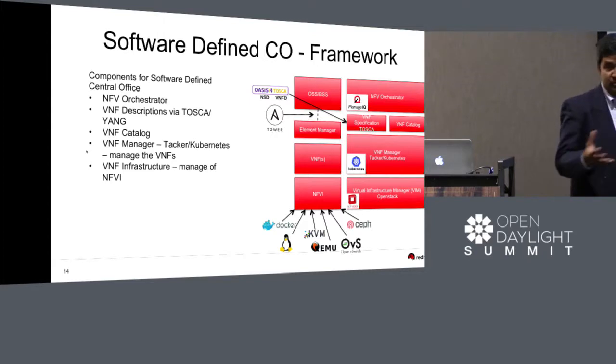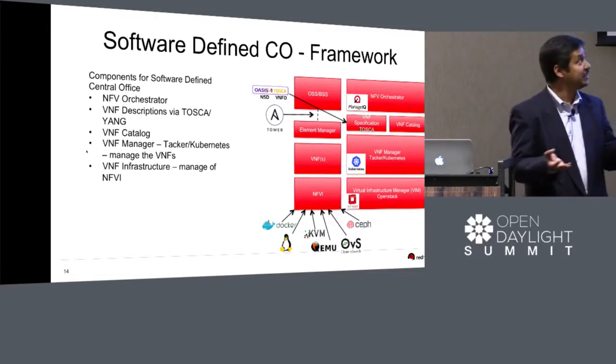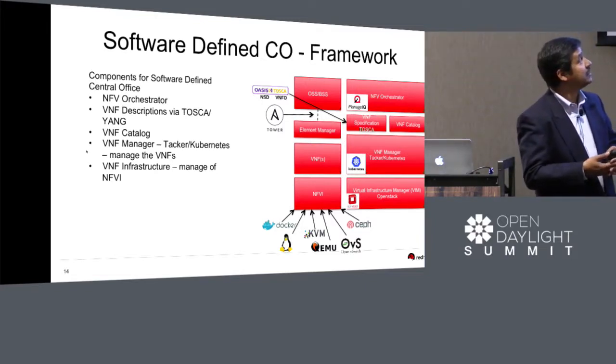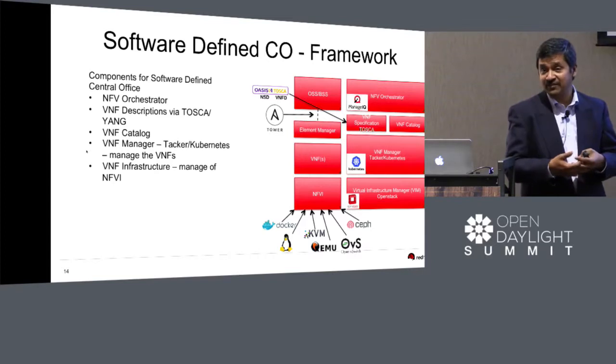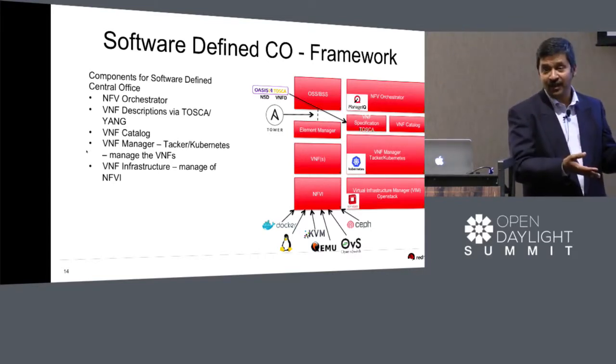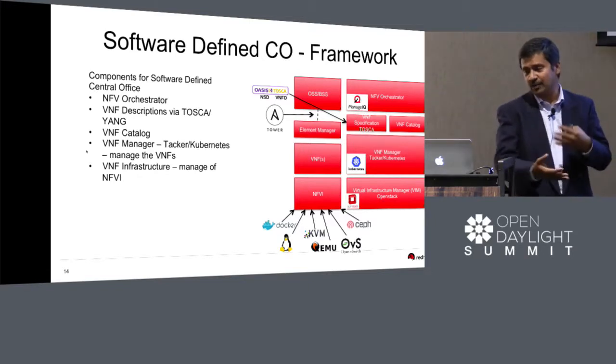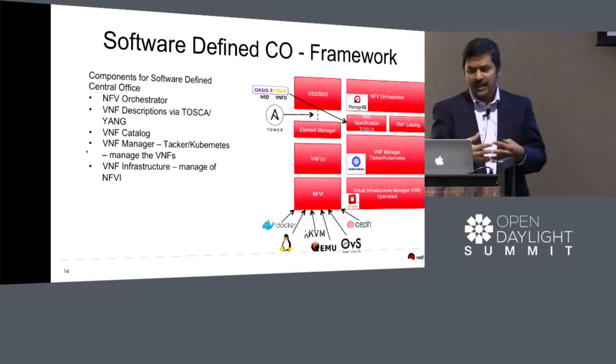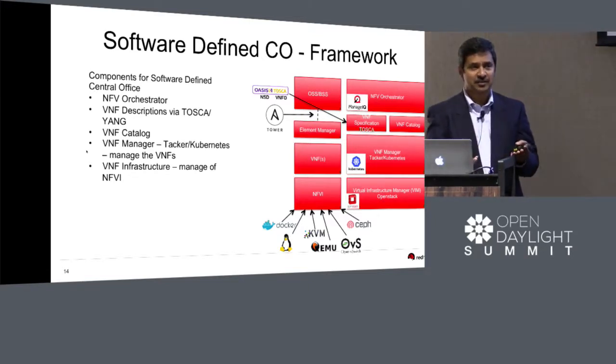We need the infrastructure, which is OpenStack and/or containers managed through either OpenStack or Kubernetes. And we need the VNFs themselves to create that end service, the NFVI, as well as the backend OSS and BSS billing systems.